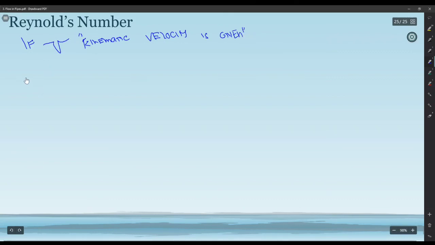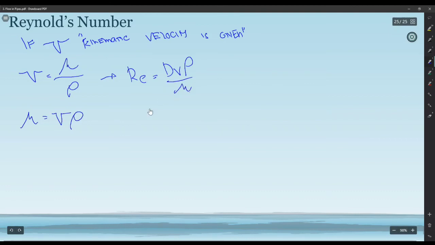So again, ang kinematic viscosity is equals lang do sa dynamic viscosity na mu over the fluid's density, mu over rho. Okay, so if you're going to solve for mu, so that is equals lang sa kinematic viscosity multiplied by the density. So again, knowing that yung equation mo for Reynolds number is dV rho over mu, ayan.